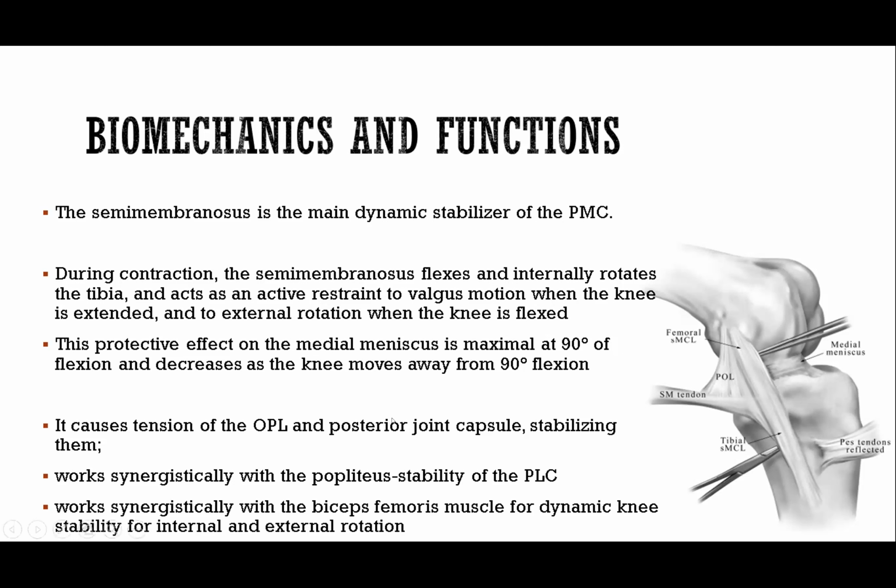The semimembranosus also tensions the oblique popliteal ligament and posterior joint capsule, stabilizing them. Hence the oblique popliteal ligament plays a role in both PMC and PLC, working synergistically with the popliteus of the PLC. It also works synergistically with the biceps femoris on the other side for dynamic stability in internal and external rotation of the knee.